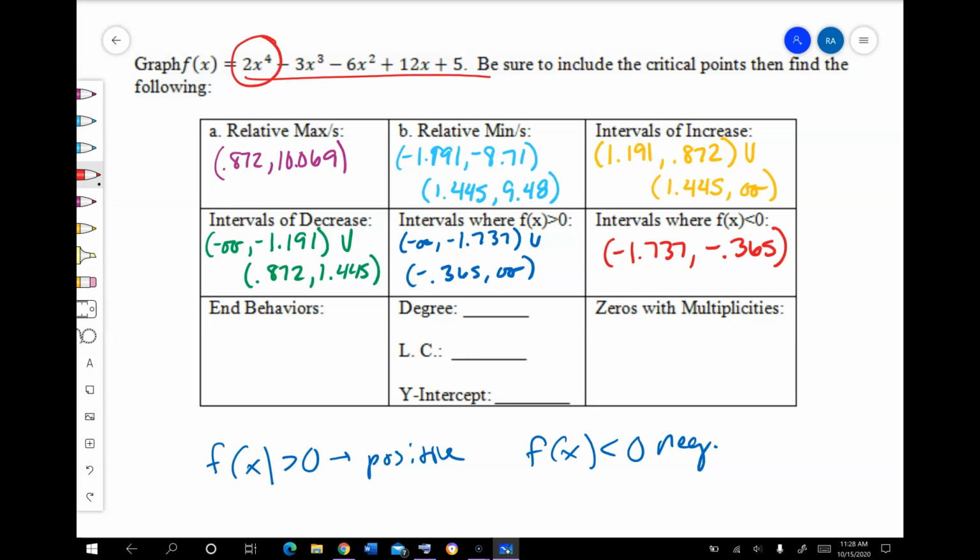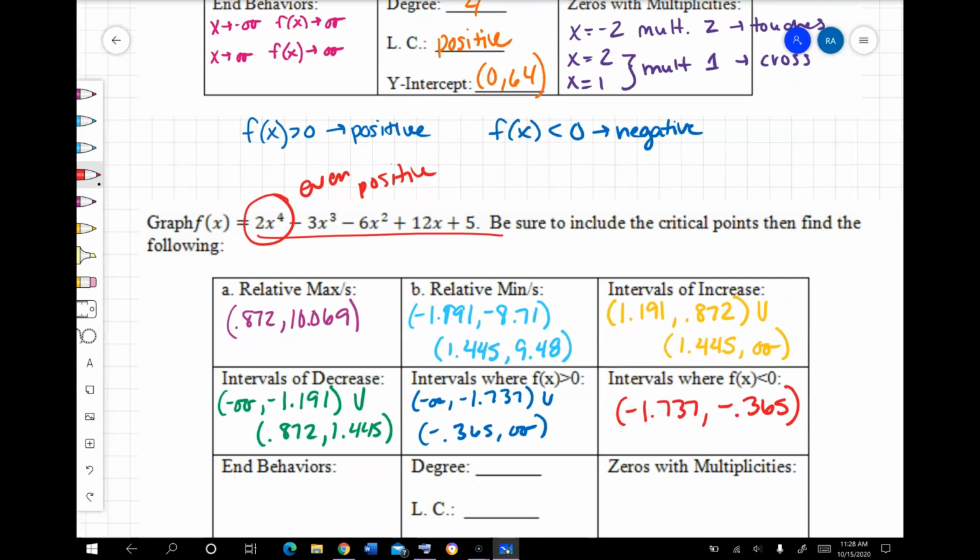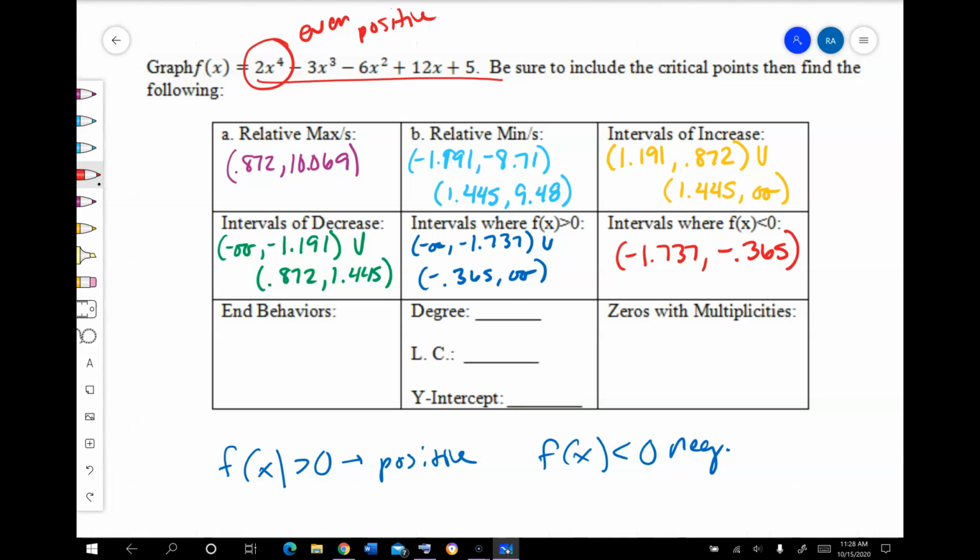End behavior, okay, this one is in standard form, so this determines my end behavior. And again, I didn't mean to do this, but I'm even positive. You got an even degree and your coefficient's positive. So it's going to be the same end behavior as the one above. Okay, but all you have to do is use that chart. So when my x's are negative, my y's are still positive.